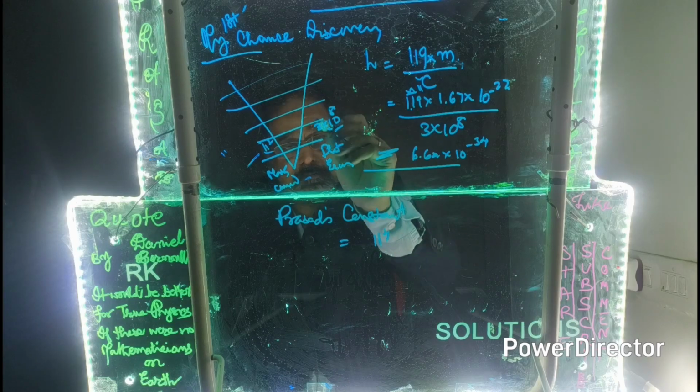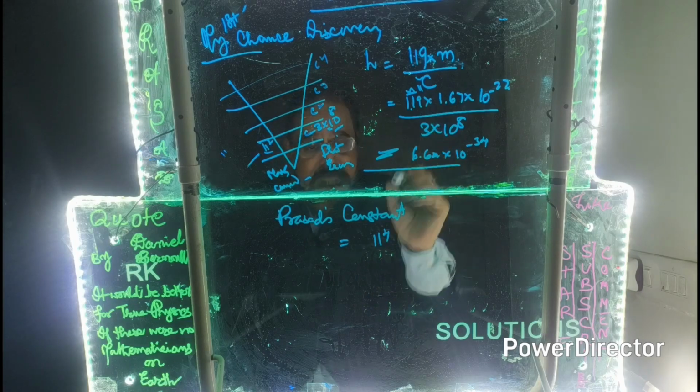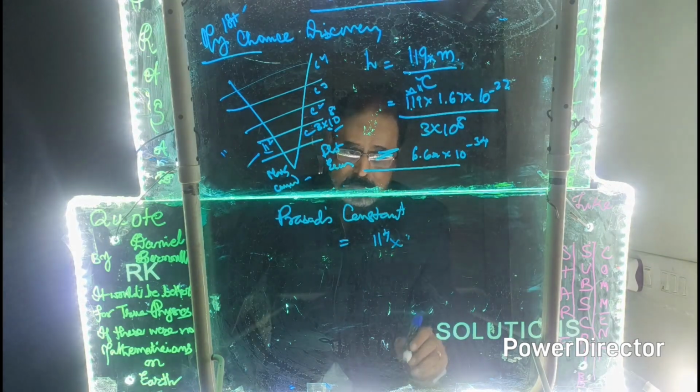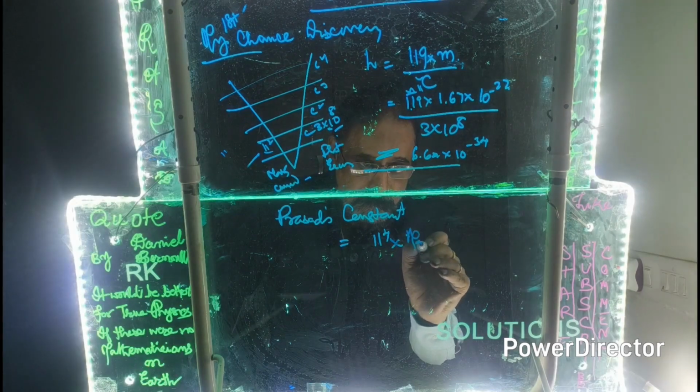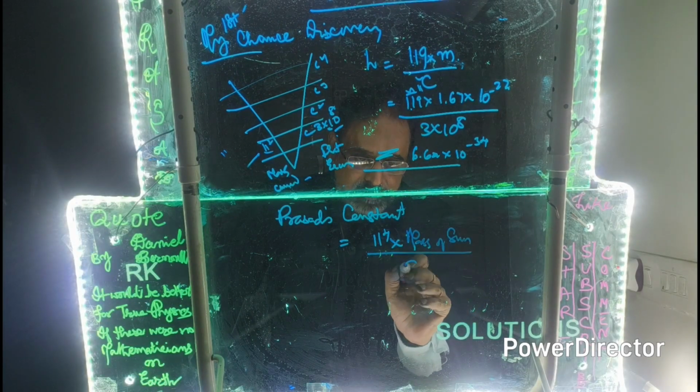So comparing in a similar way, C squared, C cubed, C4. I compared it with 11 raised to 4 into the mass of sun by C4.